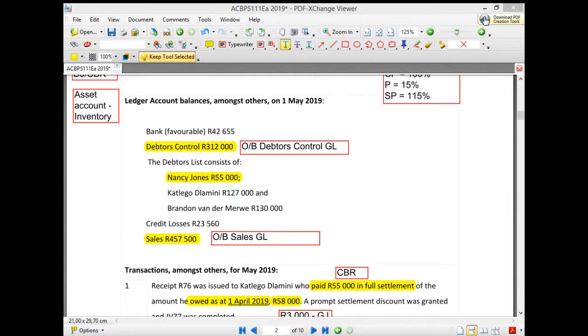It's a credit, but it forms part of your income accounts. So income is always a credit, so it increases your owner's equity. So we capture the same thing, 1st of May, the balance brought down, and we show the 457,500. Now we have to take the information from the journals that you've completed and capture it in these accounts.